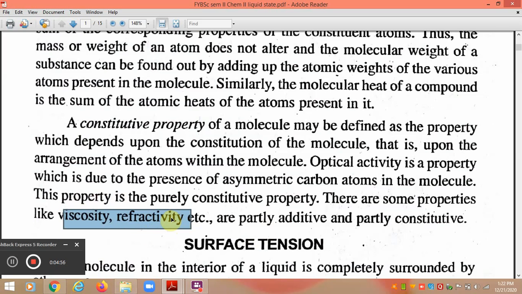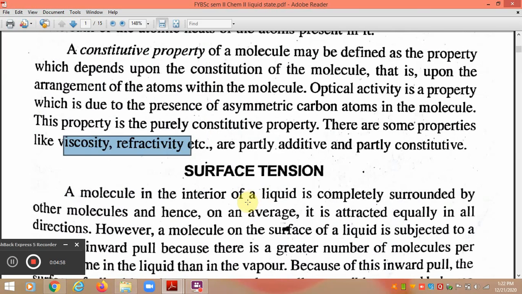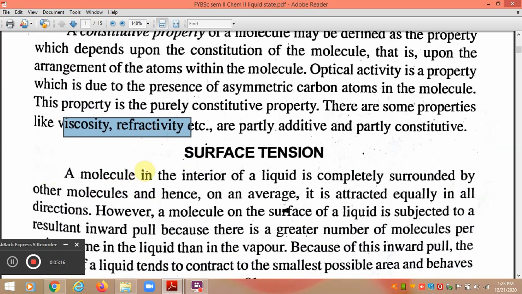These are partly additive and partly constitutive. This is very important. Such questions can be asked in the MCQ, whether a property is additive, constitutive, or partly additive and partly constitutive. Definitely viscosity and refractivity are both partly additive as well as partly constitutive.